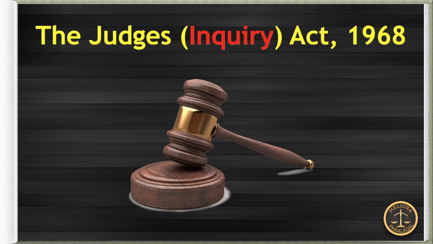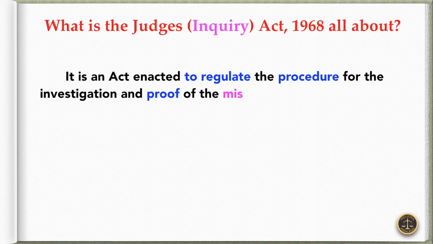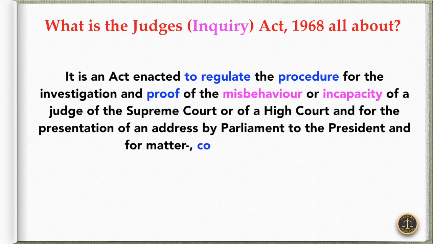Before discussing the procedure, let's first discuss what the Judges Inquiry Act 1968 is all about. It is an act enacted to regulate the procedure for the investigation and proof of the misbehavior or incapacity of a judge of the Supreme Court or of a High Court, and for the presentation of an address by Parliament to the President and for matters connected therewith.